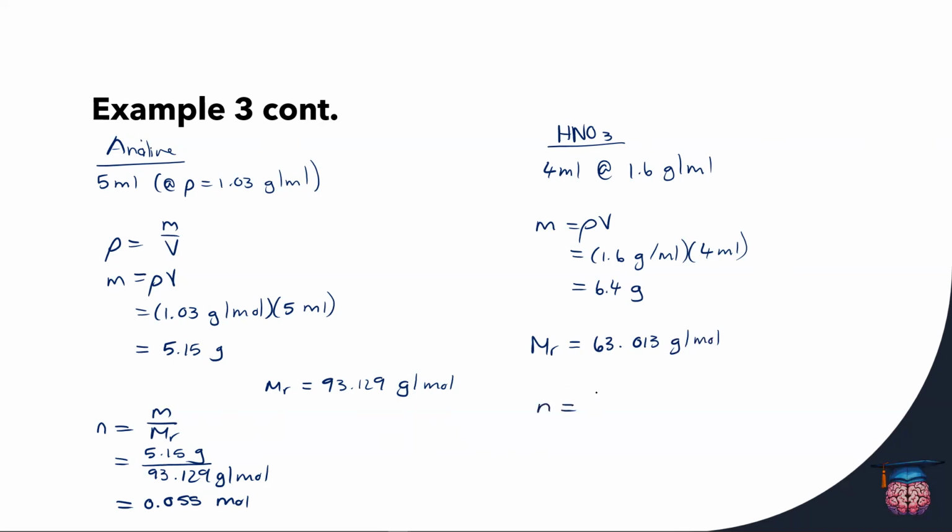And this gives us a mole amount of 6.4 grams divided by 63.013 grams per mole. And that gives us 0.102 moles.